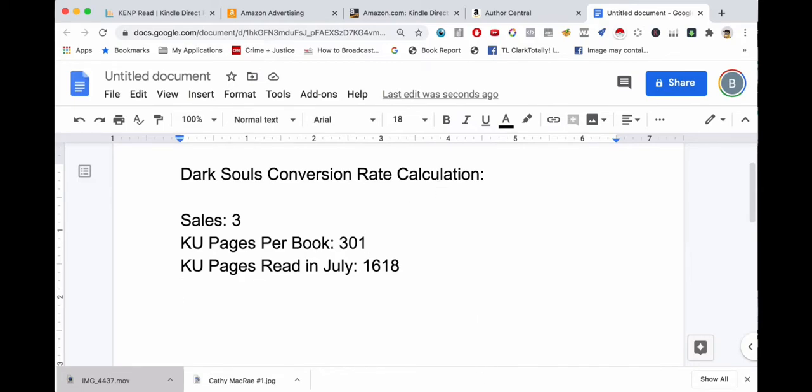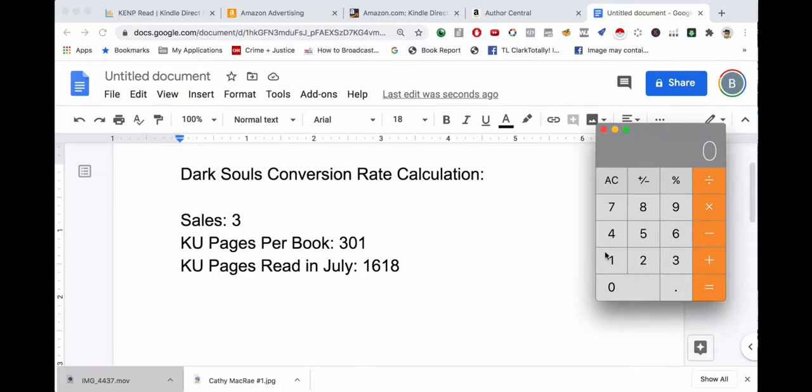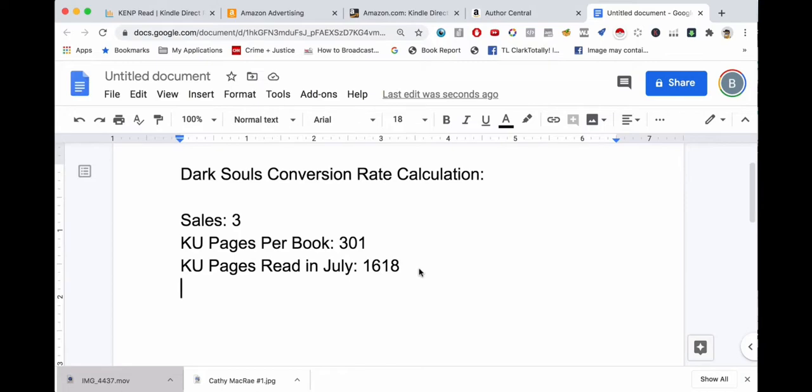So we'll bust out the calculator. 1618 divided by 301 gets us 5.3. We're going to round it down. So we're going to say KU full reads 5. And we'll change this to 3 there. So we had 5 full reads and a few others.